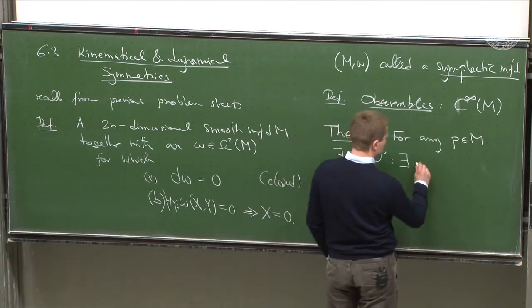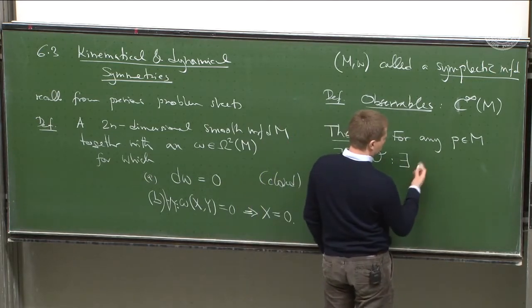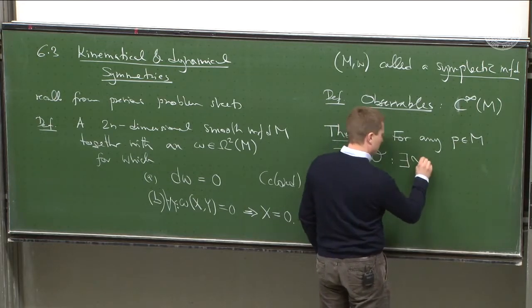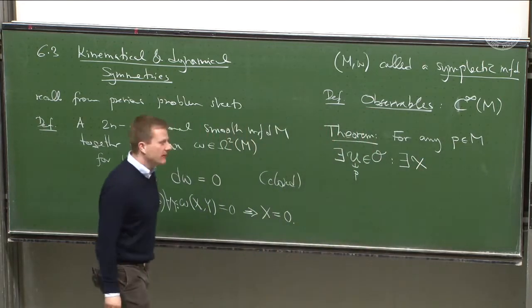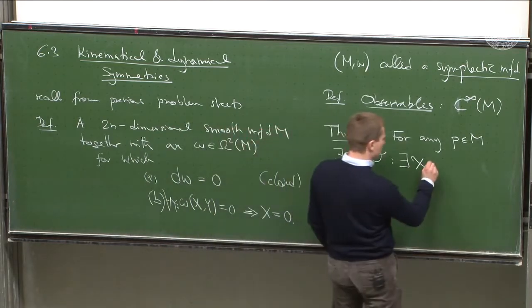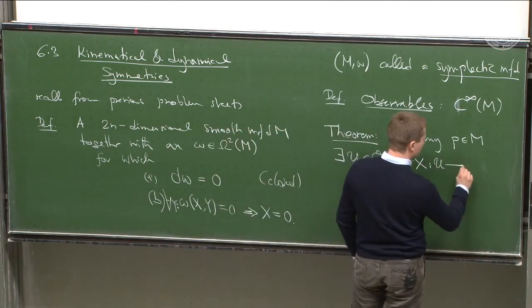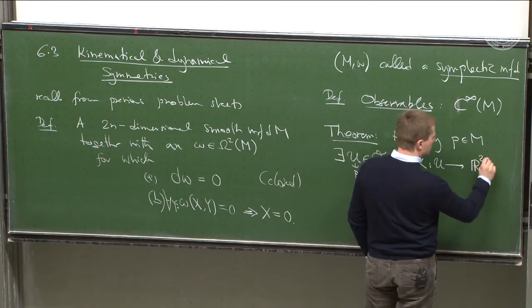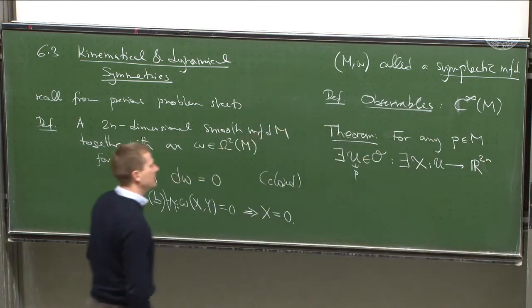Let's call them psi. I know you hate it, but let's call them psi. So there are coordinates from U into R^2n. Why? Because it's 2n dimensional.